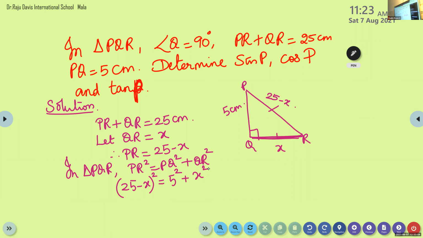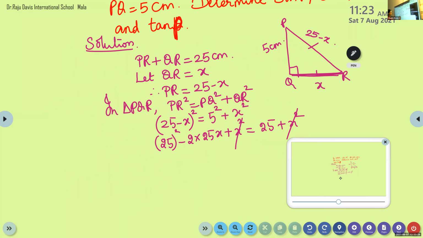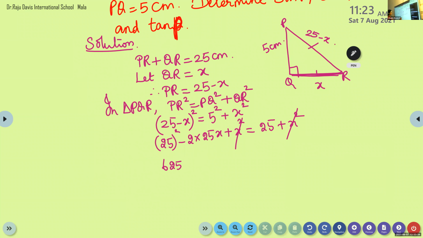Now use the identity (A minus B) whole square, which is A square minus 2AB plus B square. Like the previous question, X square will get cancelled on both sides. So we get 625 minus 50X is equal to 25.